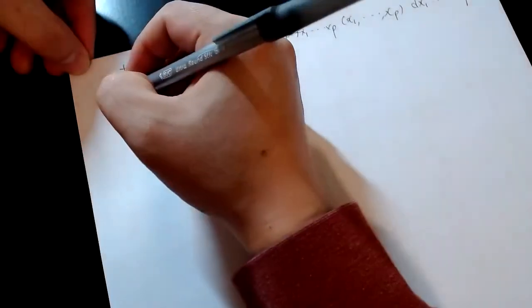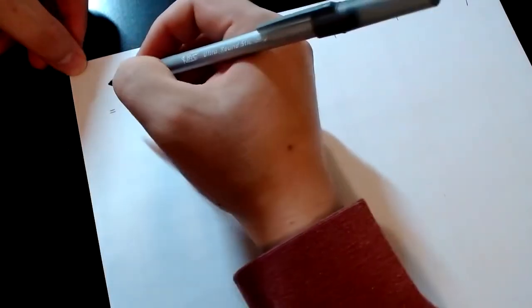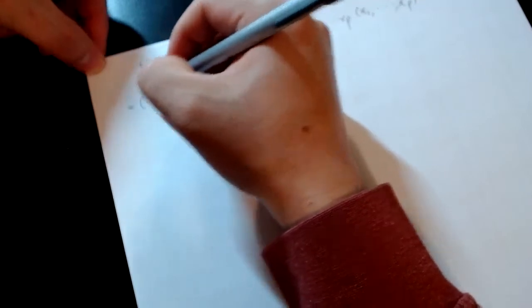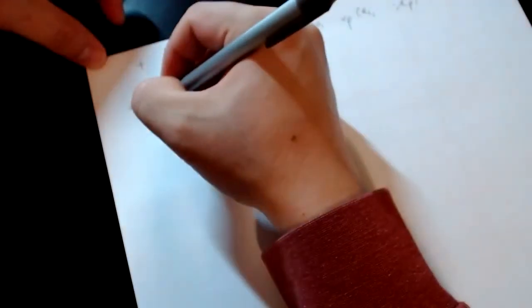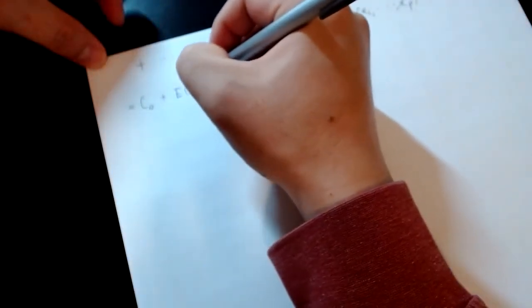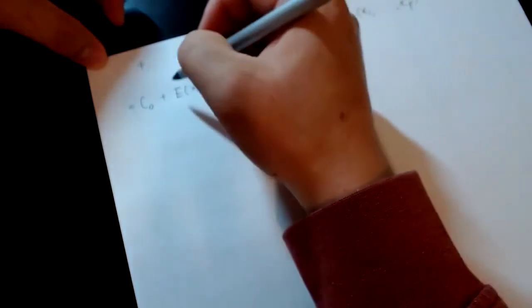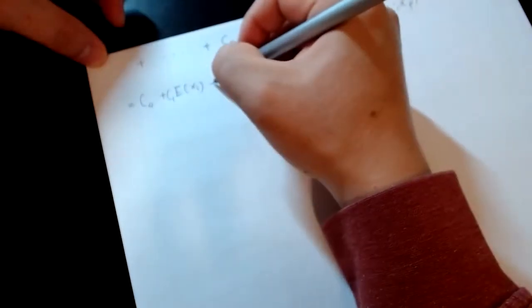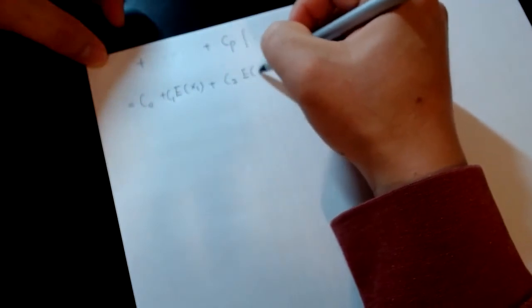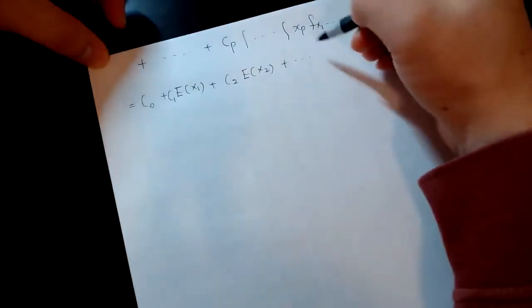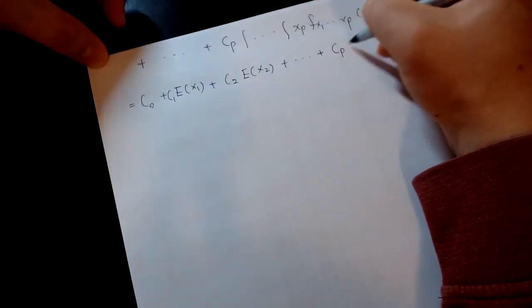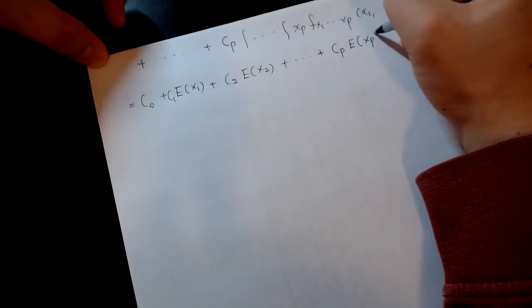So finally we get c0 plus c1 times the expected value of x1, plus c2 times the expected value of x2, through cp times the expected value of xp.